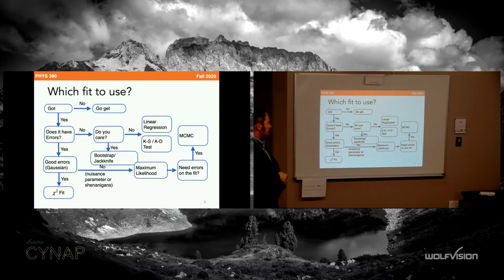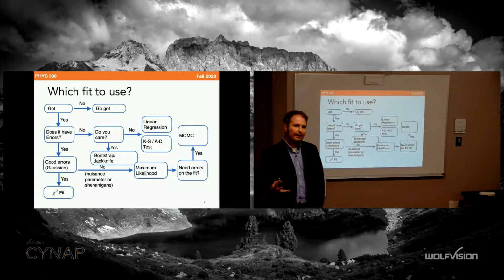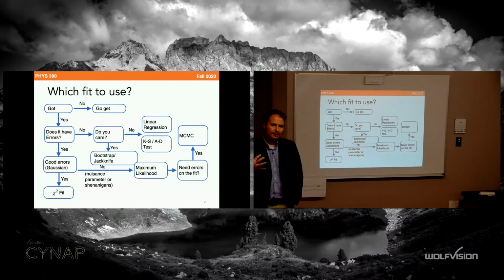If that's not the case, if the errors are no longer Gaussian, if the distribution in uncertainties is no longer Gaussian, if it looks like something is going on where you have an additional parameter driving your data, and essentially there's shenanigans going on, you can fit a maximum likelihood fit to that.